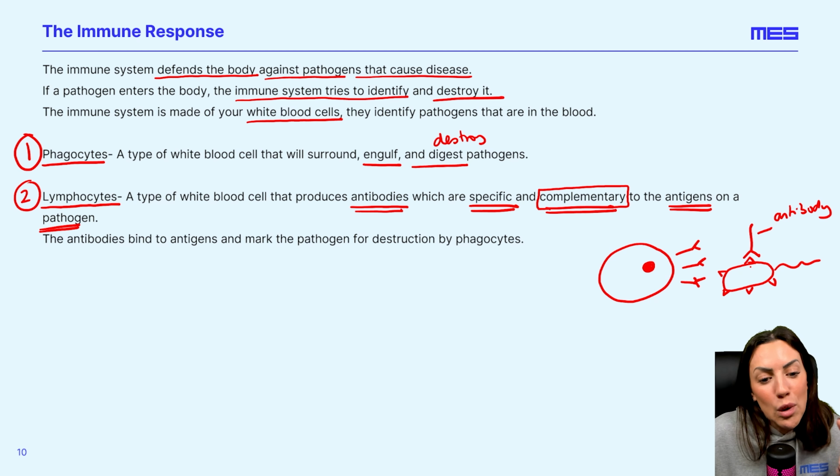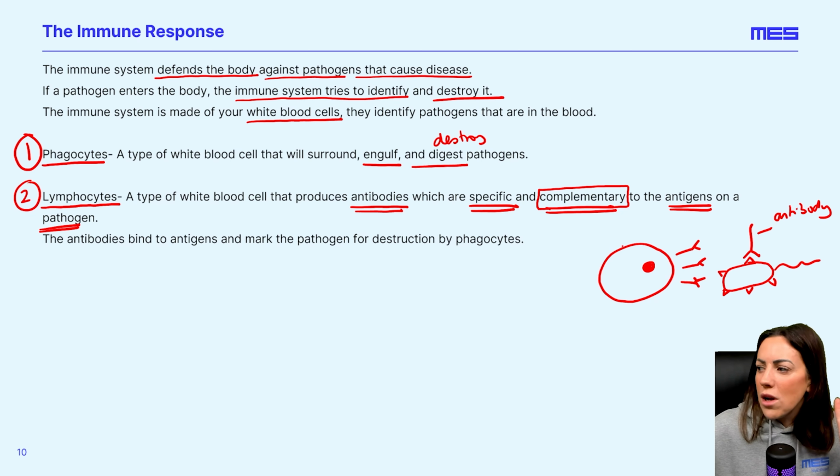Now, this is really important in exams, guys, because when you're talking about lymphocytes, you should be talking about them producing the correct antibody, the specific antibody, the antibody that can bind to that antigen. Okay, because you will need to use different lymphocytes and different antibodies for different pathogens because they will have different antigens on their surface.